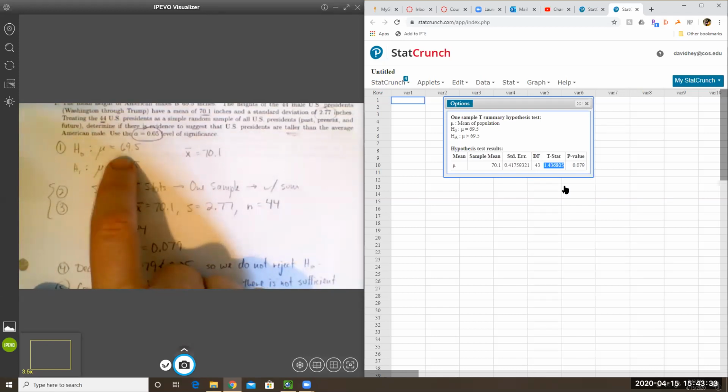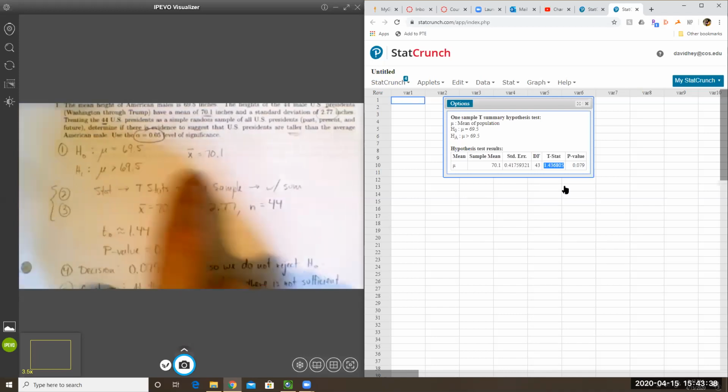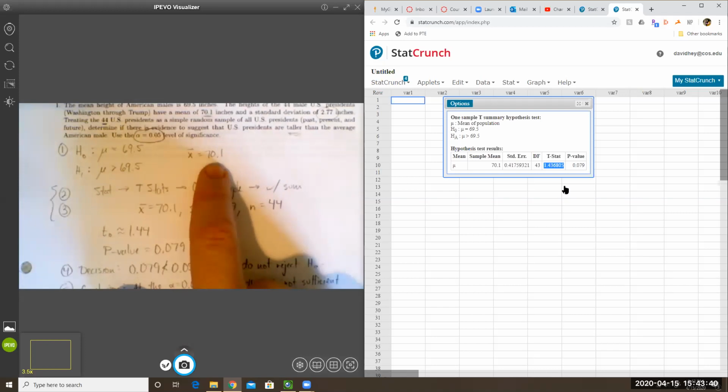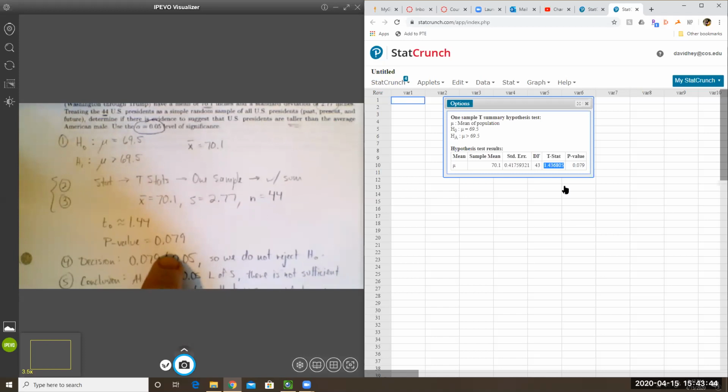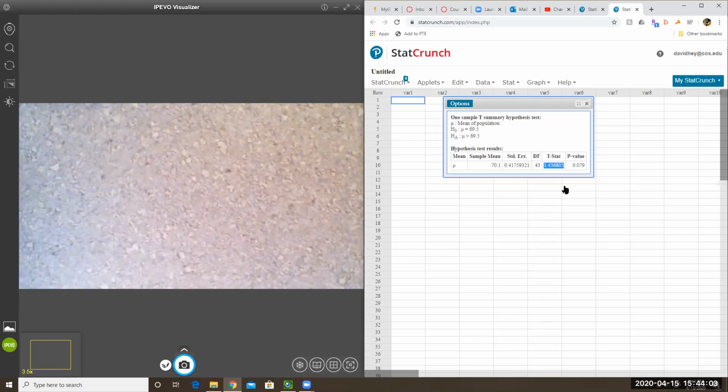So if the true population mean is 69.5, then the probability that we would get a sample mean of 70.1 or greater is about 7.9%. Okay, that's low, but not low enough. If our level of significance had been 0.10, then we would reject the null hypothesis in this case. Okay. So that's that. Let's move on.